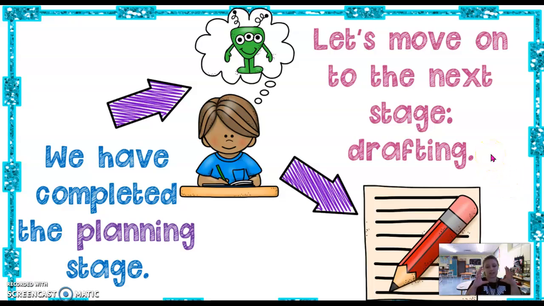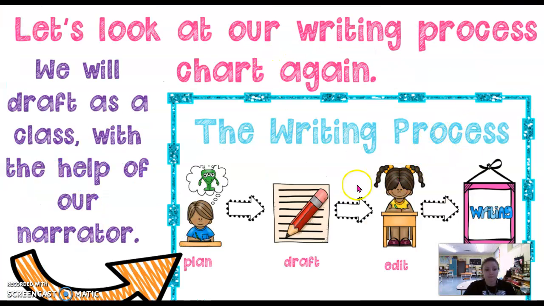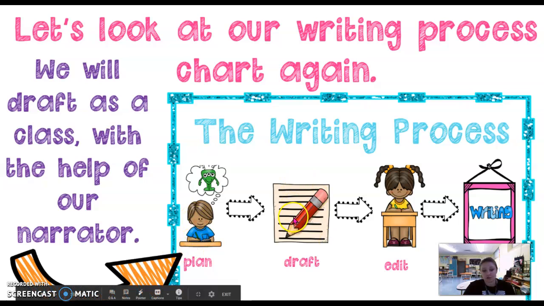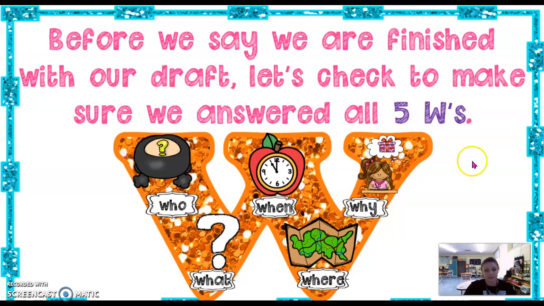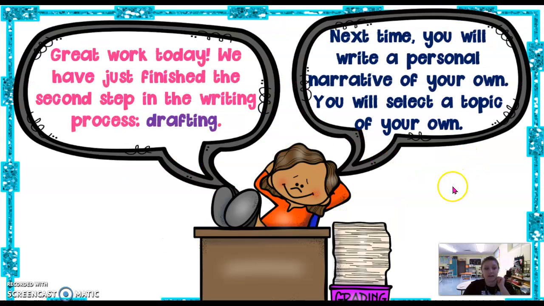So we're going to take our planning sheet and type it into a paragraph so that tomorrow we can edit. Okay? So we did plan. We're working on draft. Before we say that we're all finished with our draft, we have to make sure that we answered all 5 of our W questions. Who, what, when, where, and why. Okay?